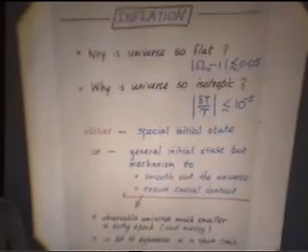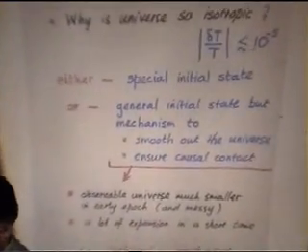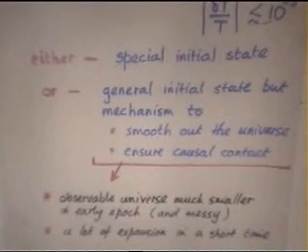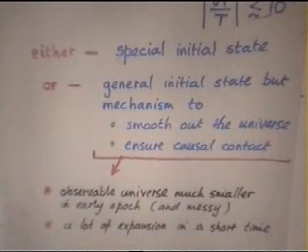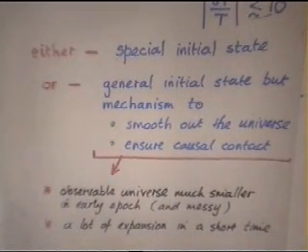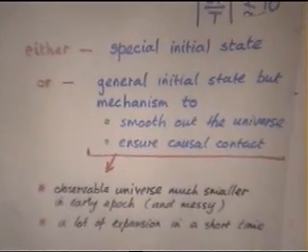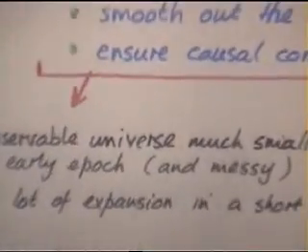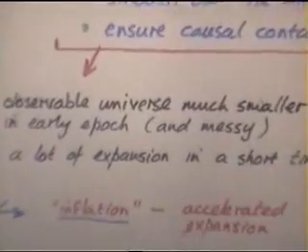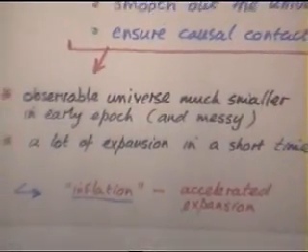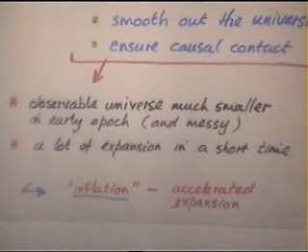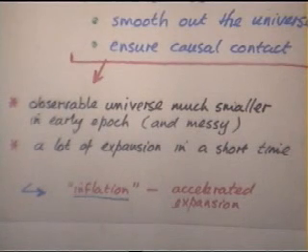And if you think about such a mechanism, you'll see that it'll be required to achieve two things. First of all, the observable universe, which we see today, and that's of the order of 10 to the 4 megaparsecs, very large, will need to have been very, very much smaller at some early epoch, and it potentially could have been very messy at that time as opposed to relatively smooth and ordered today. And secondly, if you think about having to smooth out such a universe, you'll realize that you're going to have a lot of expansion in a short time.